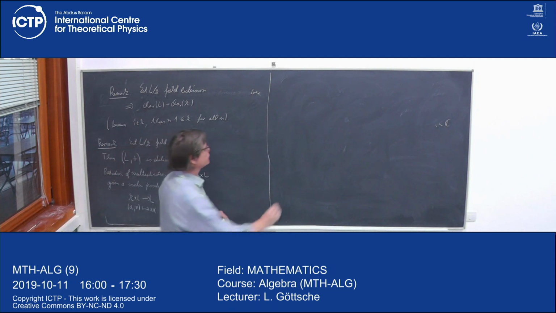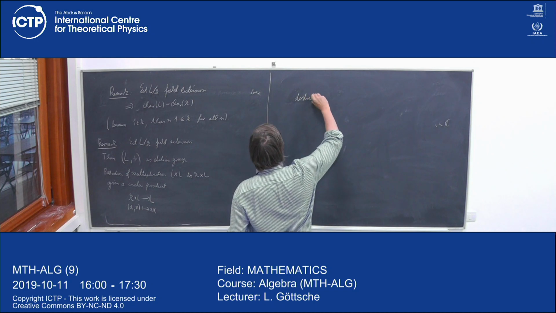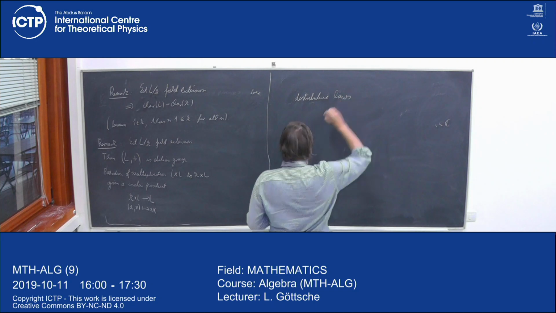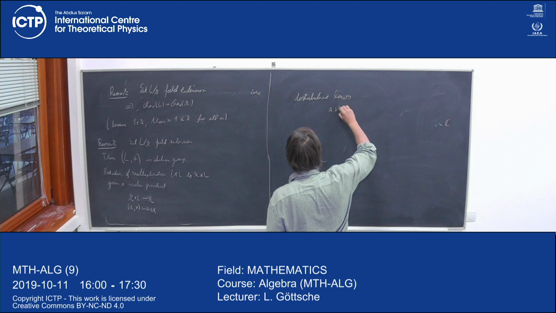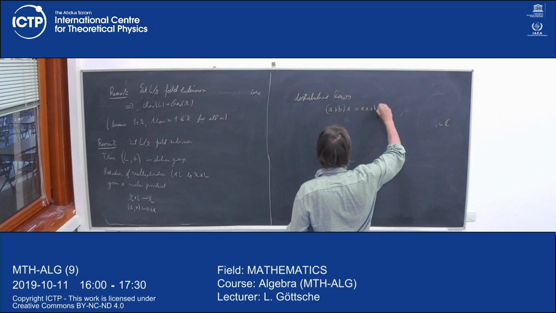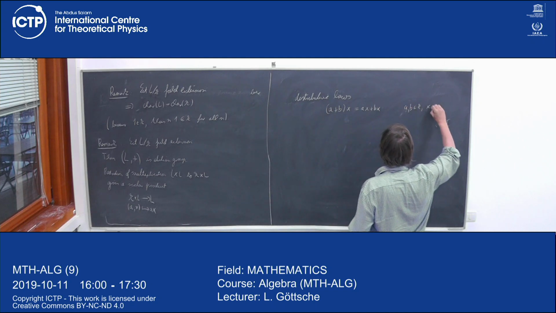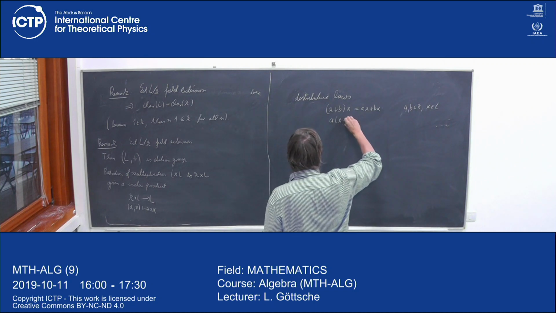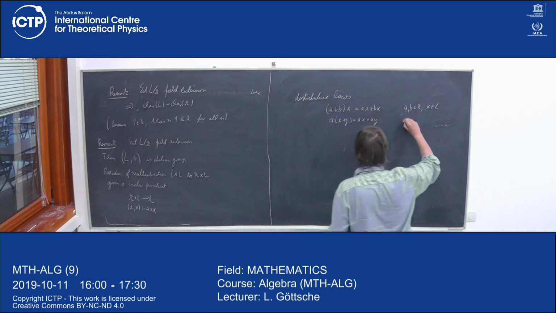Namely, if we take (a plus b) times x, this is ax plus bx, where a and b are elements in K and x is in L, and a times (x plus y) is equal to ax plus ay.